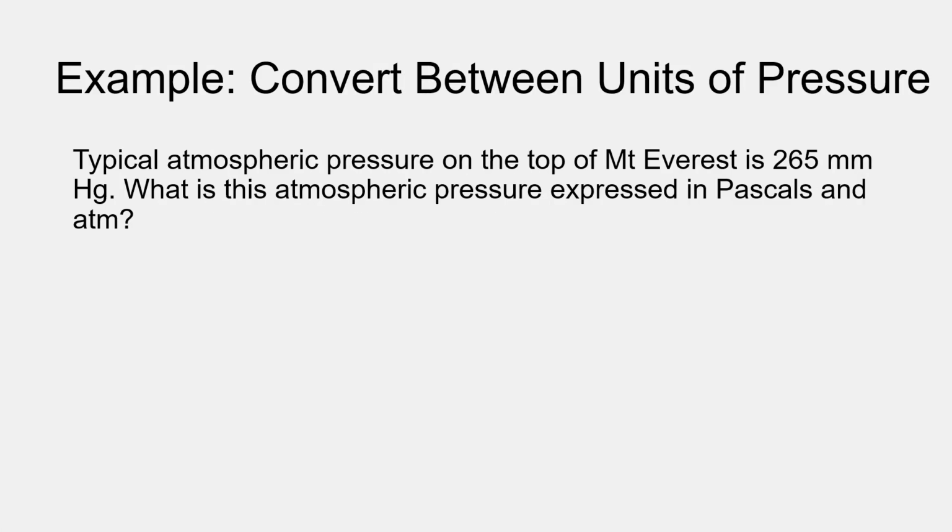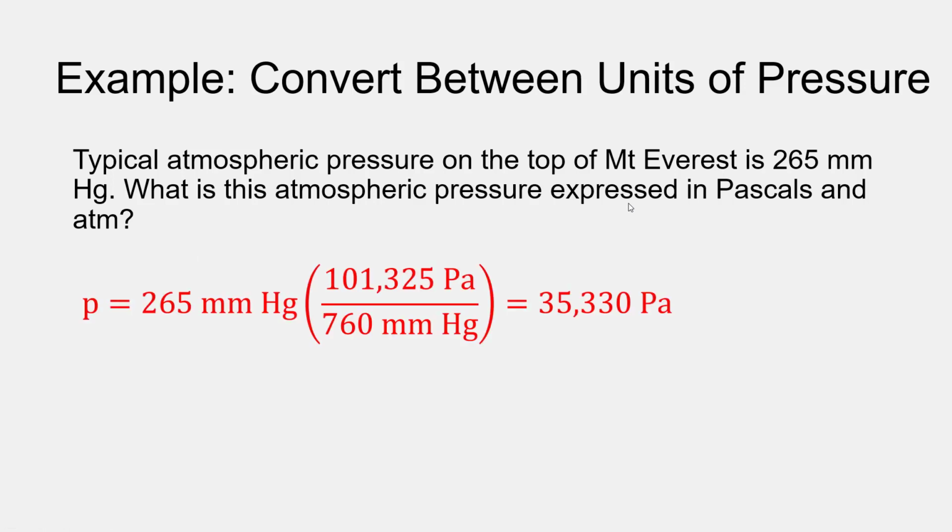Therefore, if we consider that our initial measurement, remember in dimensional analysis, you always start with the measurement that has been made, is 265 millimeters of mercury, we need a conversion factor that will first take us from millimeters of mercury to pascals. Definitionally, 265 millimeters of mercury is our original measurement. Our conversion factor is there are 101,325 pascals for every 760 millimeters of mercury.